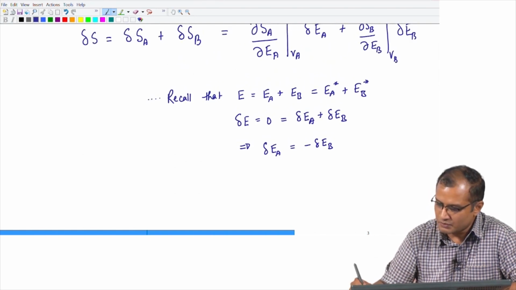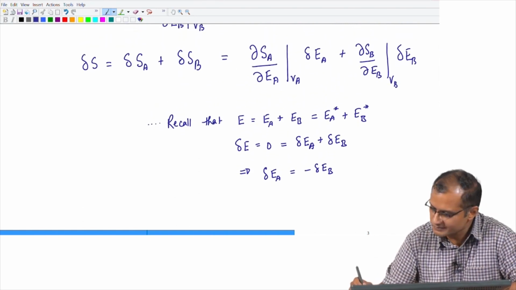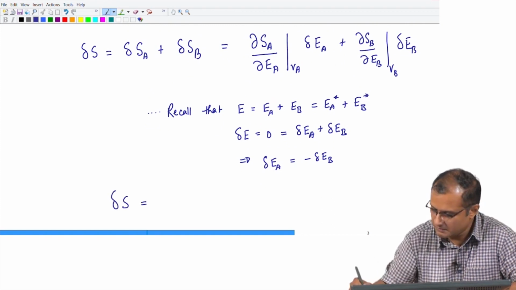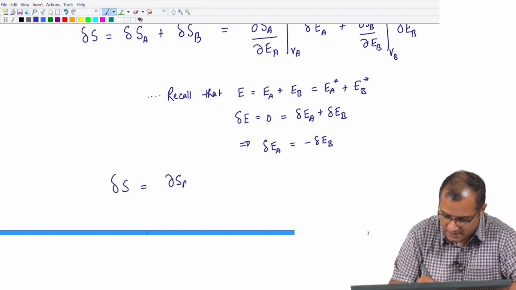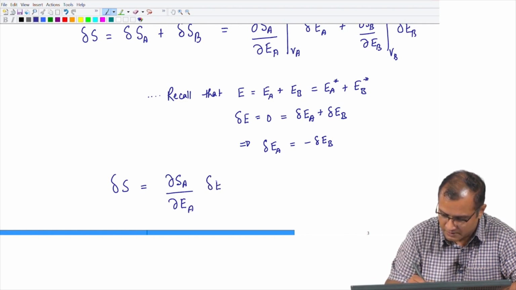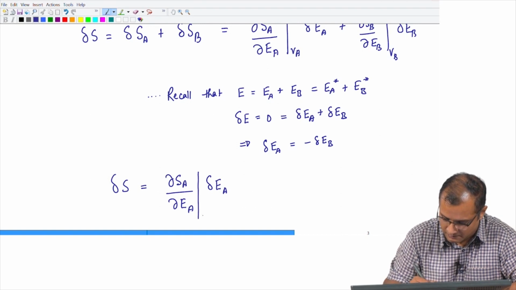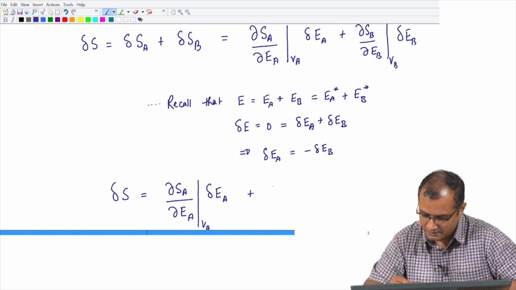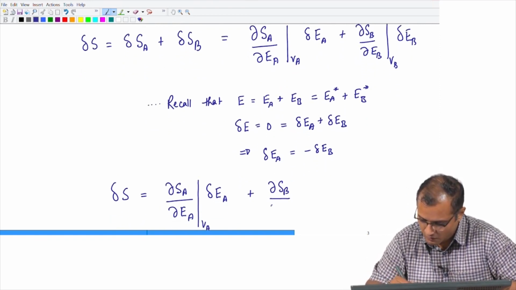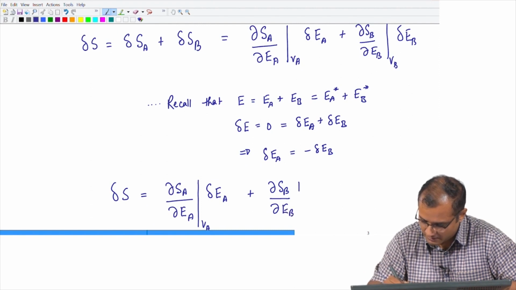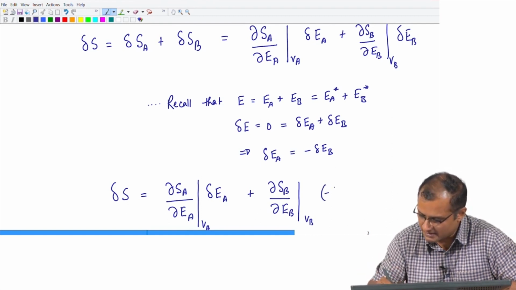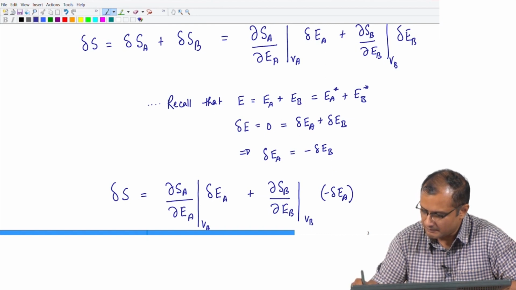Okay. So, if you substitute it upstairs, the delta S comes out to be delta S_A over delta E_A into delta E_A at constant volume V_A, plus delta S_B over delta E_B at constant volume V_B, and I am substituting delta E_B as minus delta E_A.